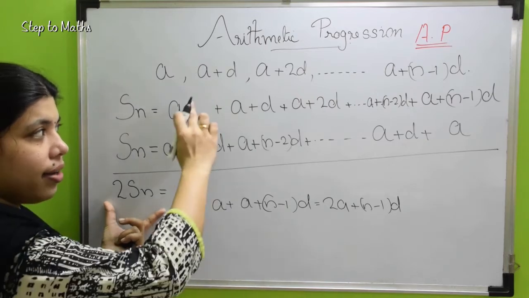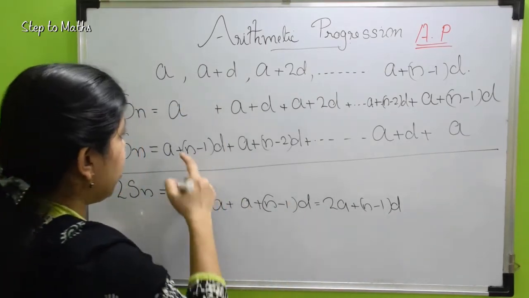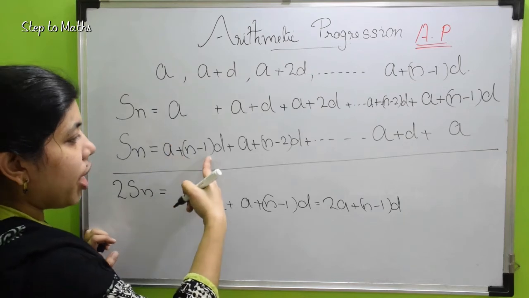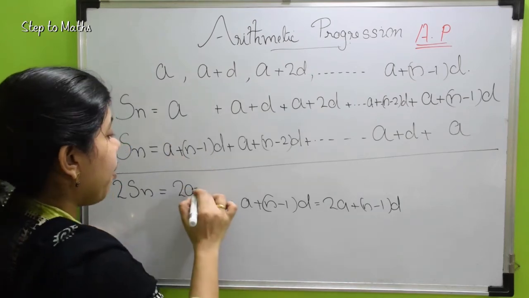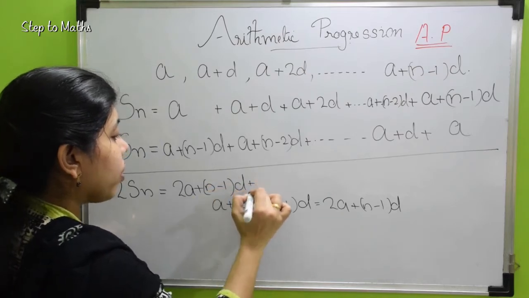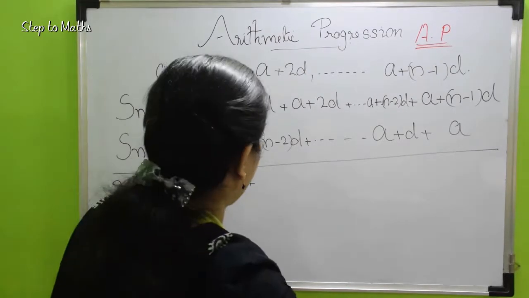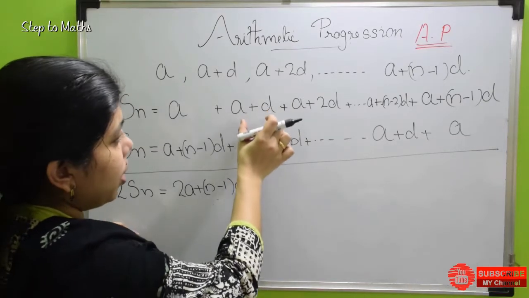So when we add these two expressions, the first term becomes 2a plus n minus 1 into d.